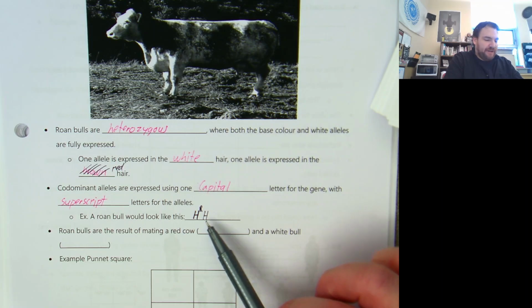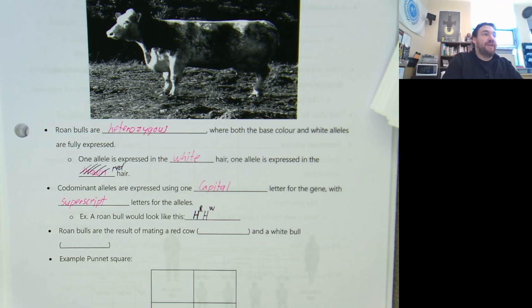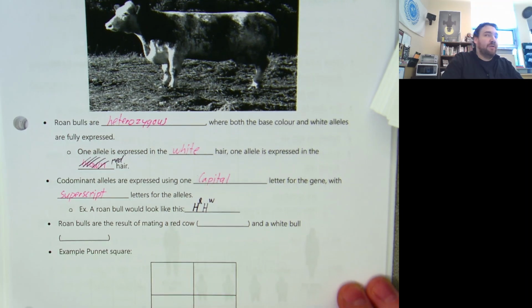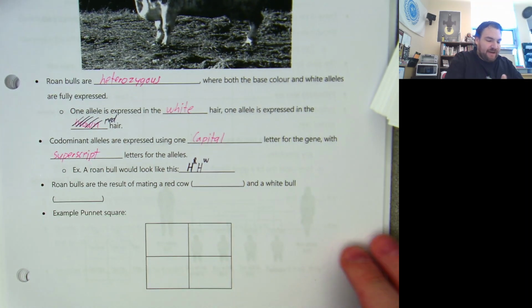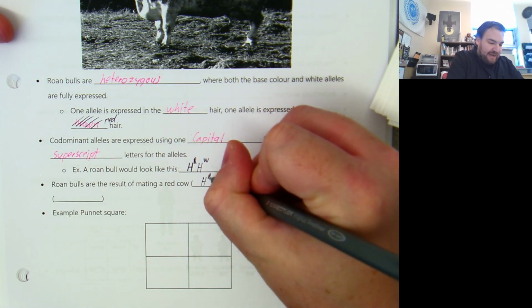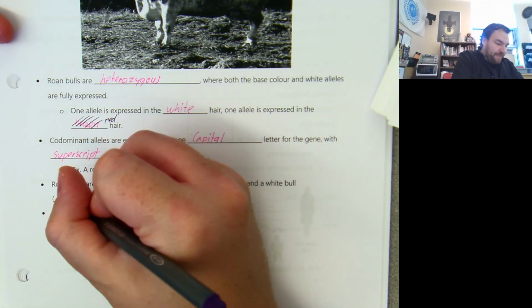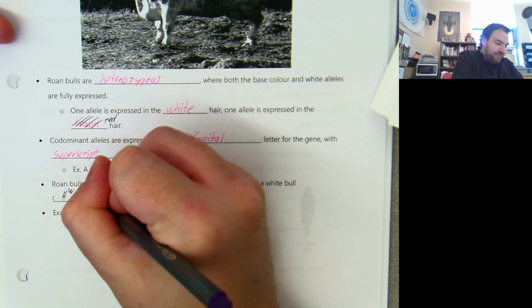And you have another dominant allele with a superscript or exponent like W. And you get a roan when you mate a red cow. So a fully red cow would be HRHR with a white bull, HWHW.